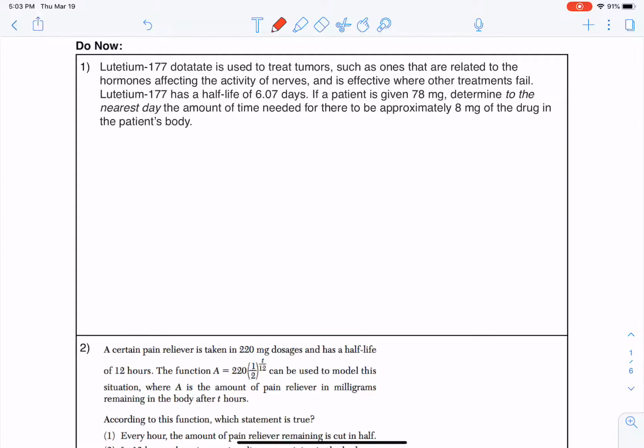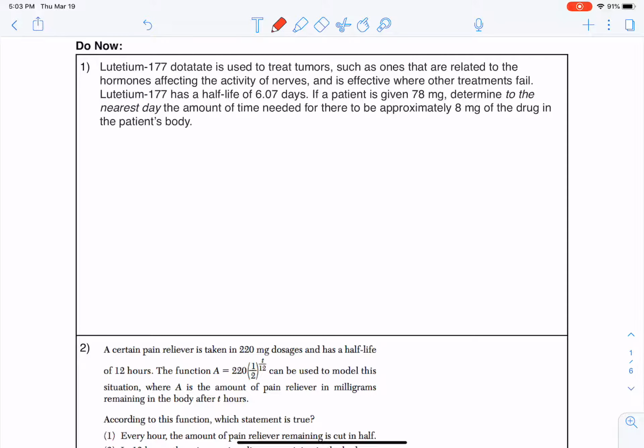All right, so let's go ahead and read the problem. Lutetium, I think that's how you say it. So maybe it's lutetium, I'm not really sure. 177 dotatate is used to treat tumors, such as ones that are related to the hormones affecting the activity of nerves, and is effective where other treatments fail.